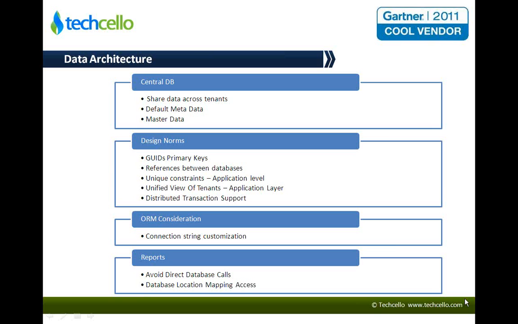Design norms: when you go for a partitioned database, it's important that the IDs or the primary keys are unique across all the databases, right? Let's say you have 50 tenants in one server and suddenly the load increases, and you want to just take one tenant out of the server and move it to another. The one and only way to do this is if your primary keys are not going to be competing with the other primary keys in the other server, right?